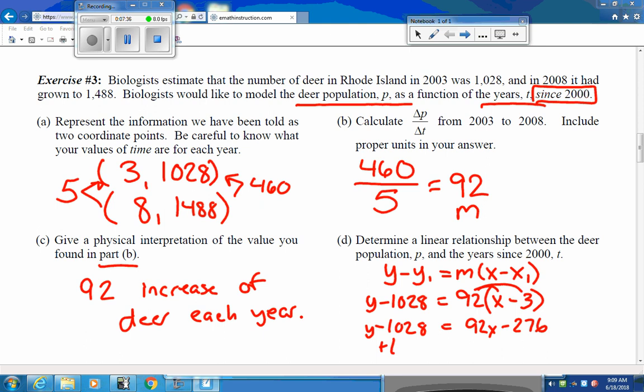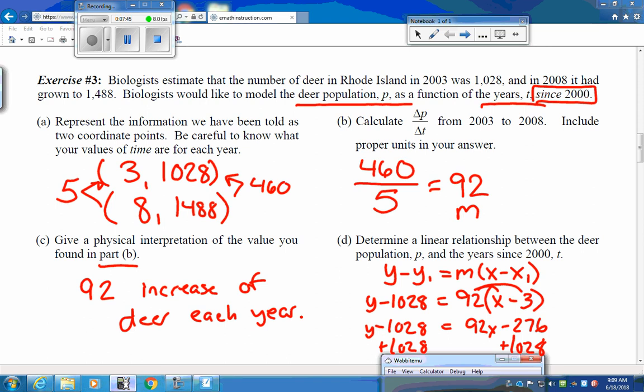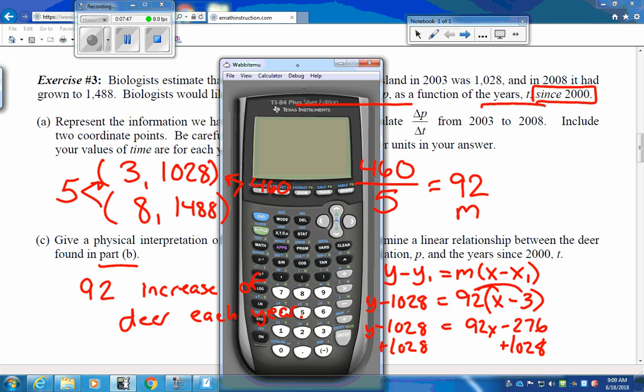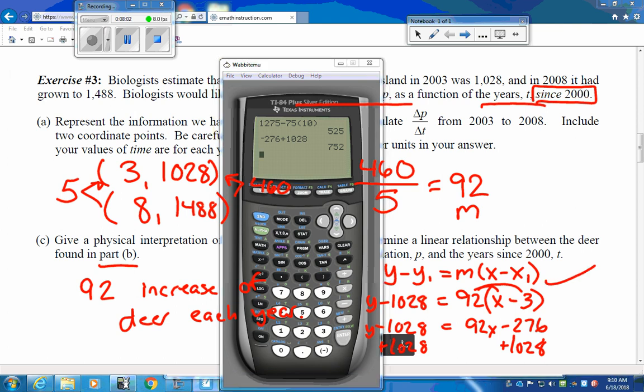Then we'll add the 1,028 to the negative 276. I'll pull up the calculator for that: negative 276 plus 1,028. That's going to be a y-intercept of 752. So we have y equals 92x plus 752.